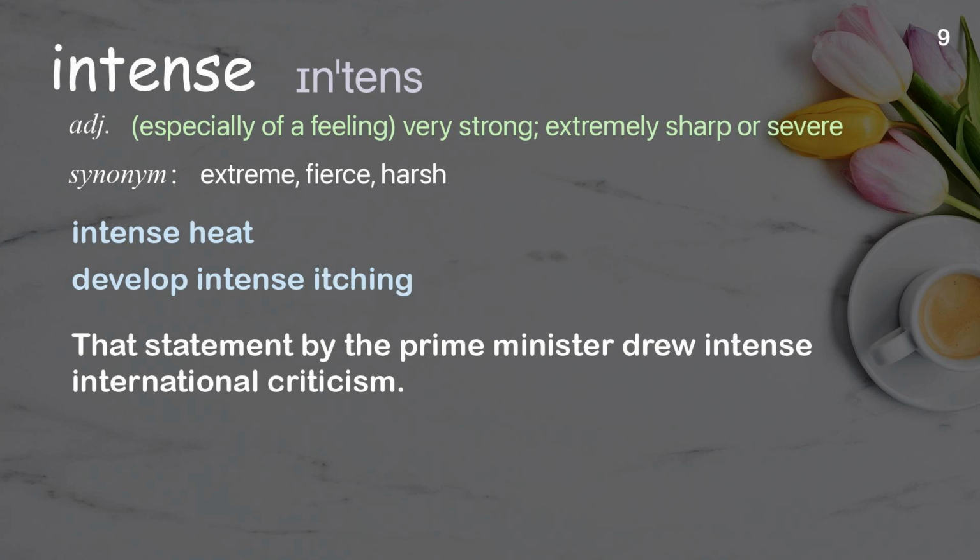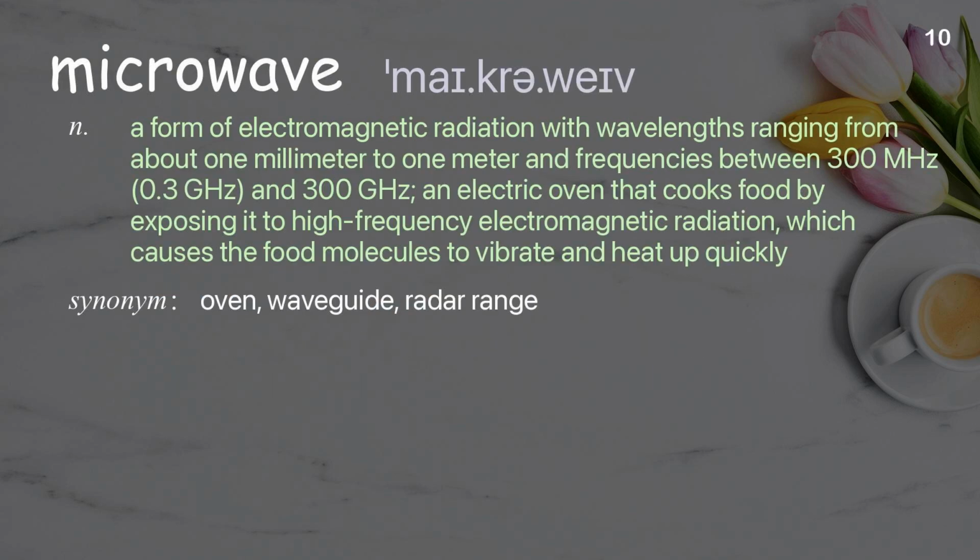Microwave. A form of electromagnetic radiation with wavelengths ranging from about 1 mm to 1 meter and frequencies between 300 MHz, 0.3 GHz, and 300 GHz.